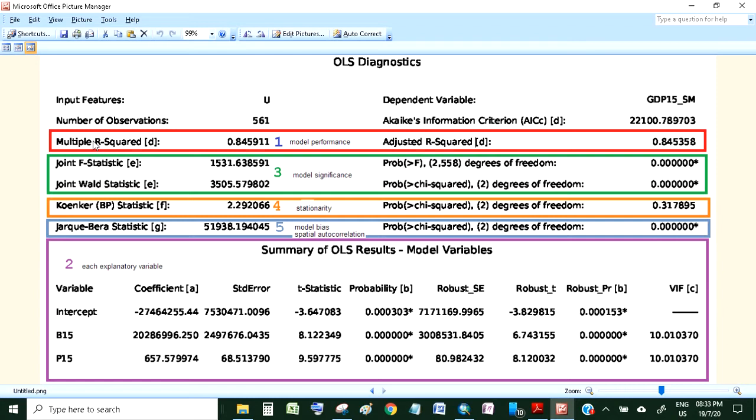So this adjusted R square is giving us more information about the model than multiple R square. So it is advisable to depend on adjusted R square when the model performance is concerned.